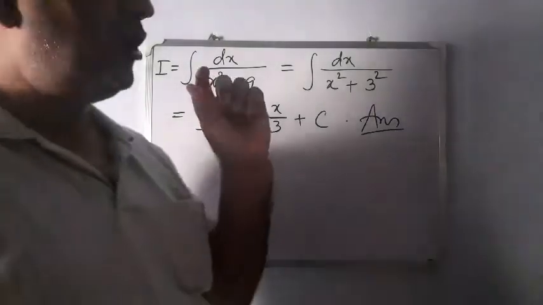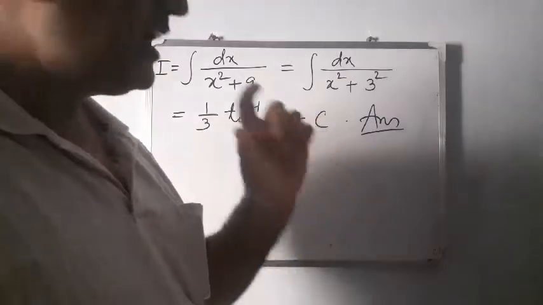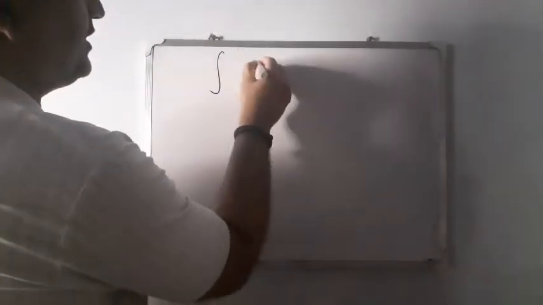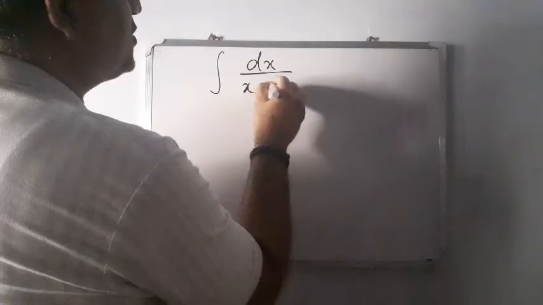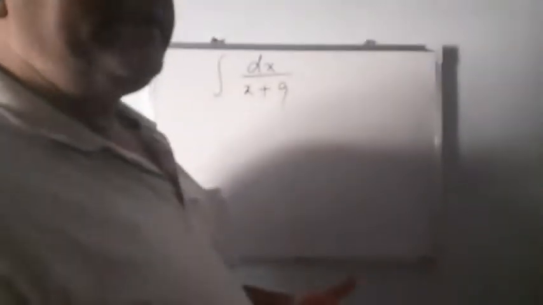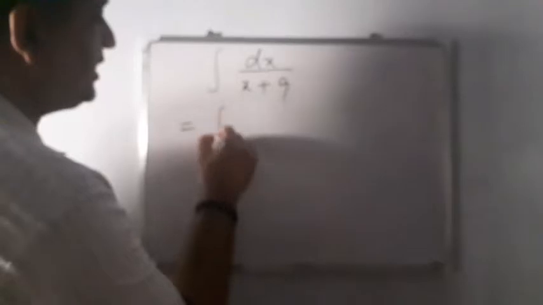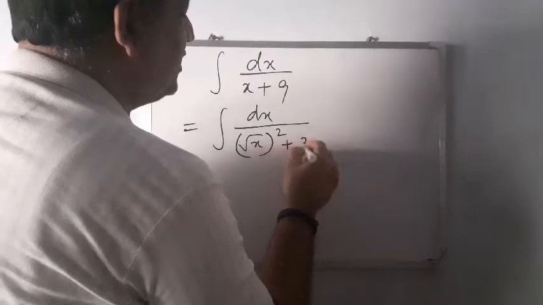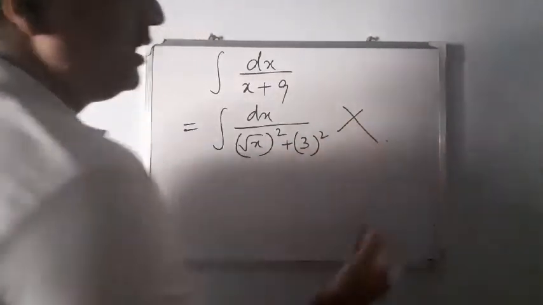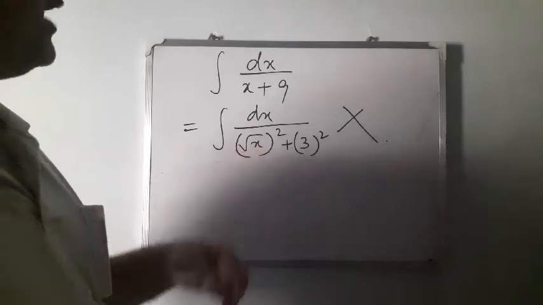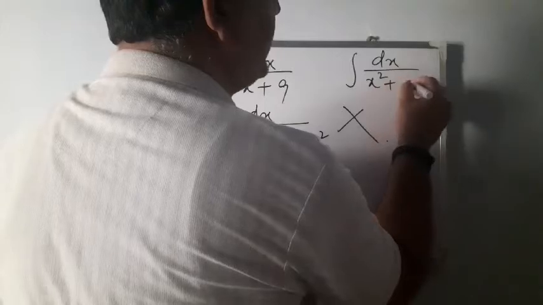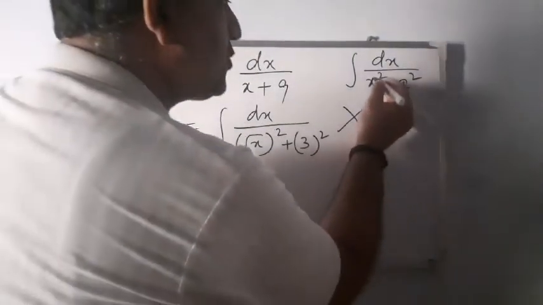But boys, I am discussing the common mistakes which you make while solving the problems. For example, suppose you are given integral dx by x plus 9. Some students may write that this is equal to integral dx by root x whole square plus 3 square. This is a mistake. Why? Because the formula for dx by x square plus a square has the form where we should have x.